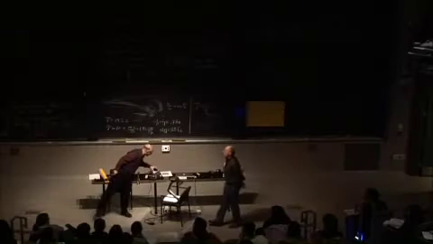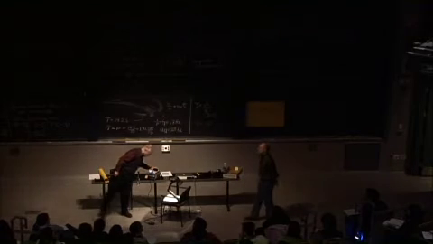So if I match the frequency of this strobe to the beam, I ought to be able to stop the motion. You can see the little mass going around on the end of it. I'm getting close.